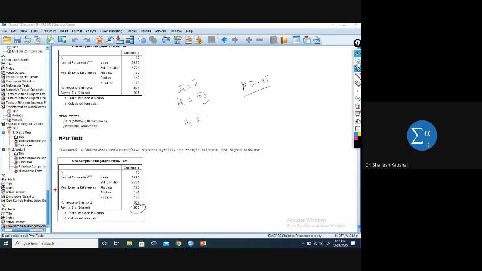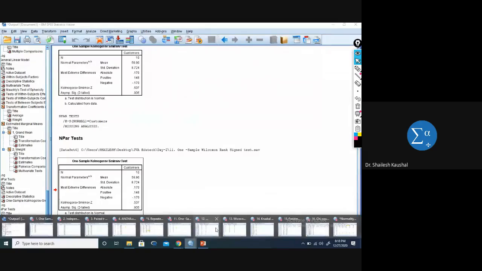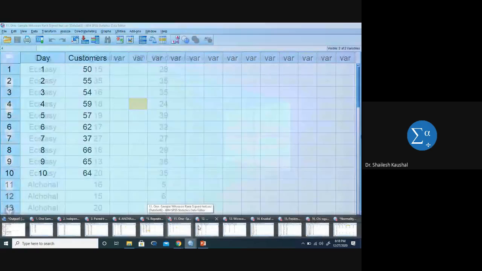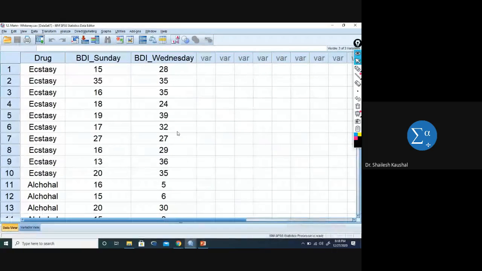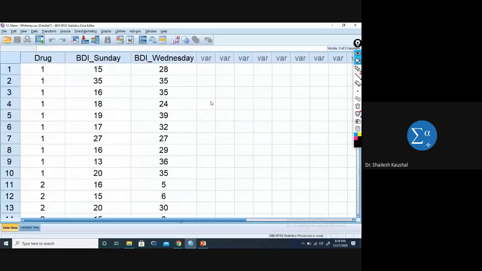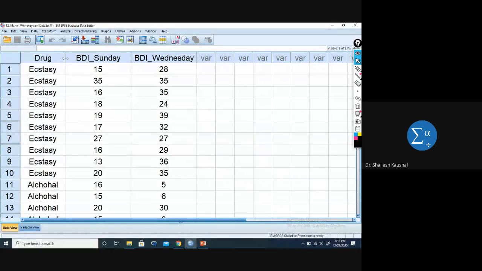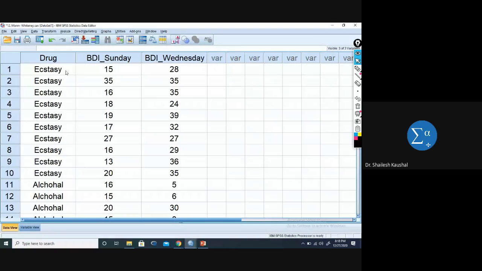Now we perform the Mann-Whitney U test. So this is my Mann-Whitney U test. It is a non-parametric test. Here there are two groups. One group is the ecstasy tablet.